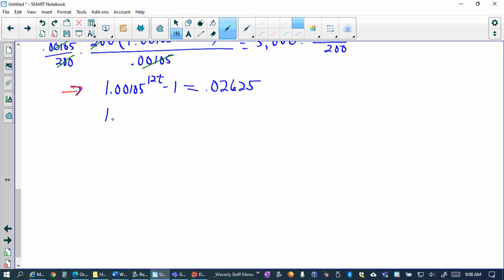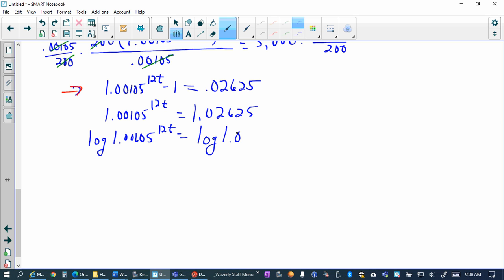So our 1.00105 to the 12t, we have to add 1. We get 1.02625. There we go. Now let's take the log of both sides. Log of 1.00105 to 12t equals log 1.02625. Bring the exponent out front.